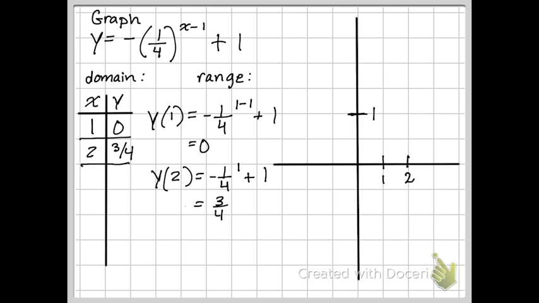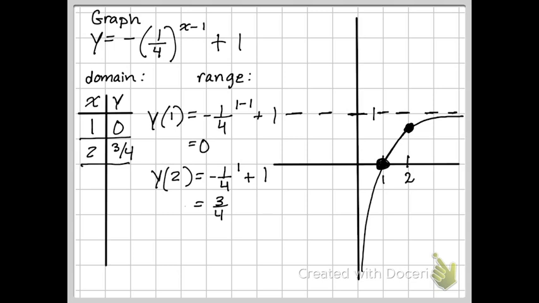So I've got my horizontal asymptote at 1, and I've got the point (1, 0) right there, and I've got (2, 3/4), which should be, say, there. And that's it. 2 points and an asymptote. So I'm going to shoot off exponentially in that direction, and I'm going to approach the asymptote in this direction.